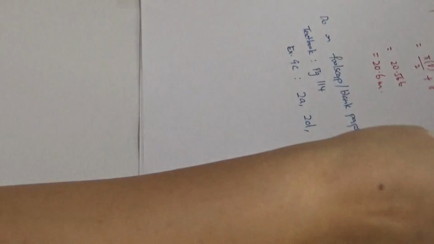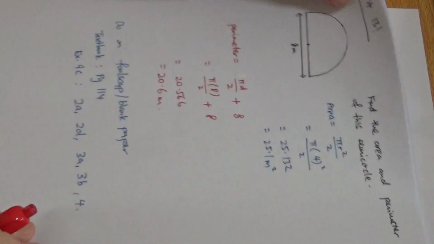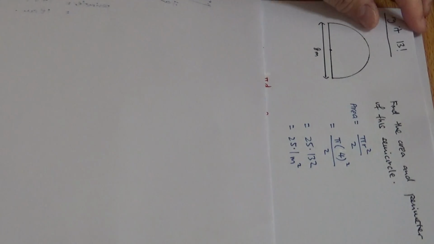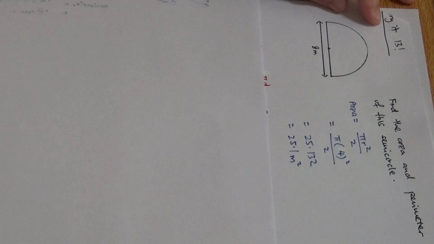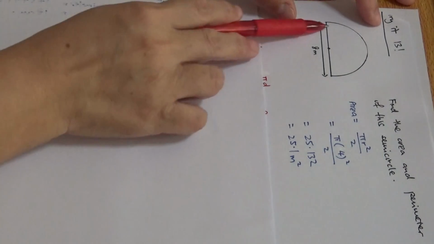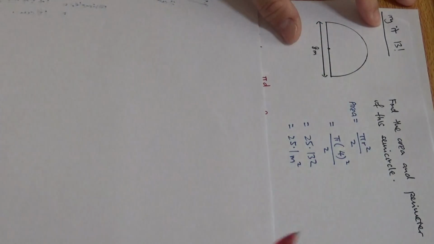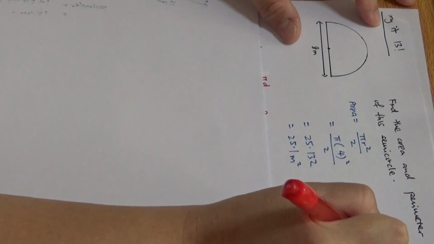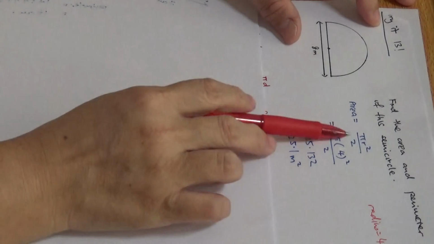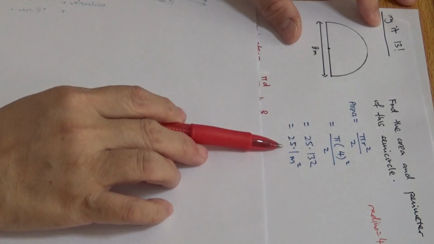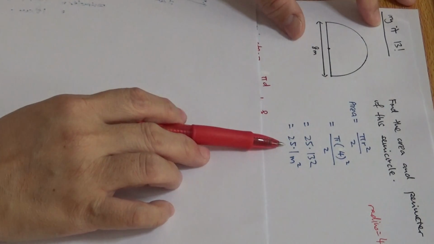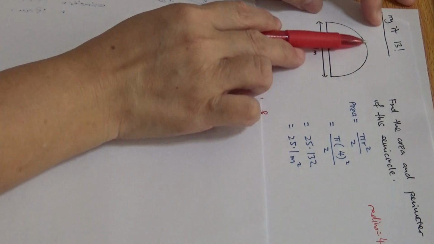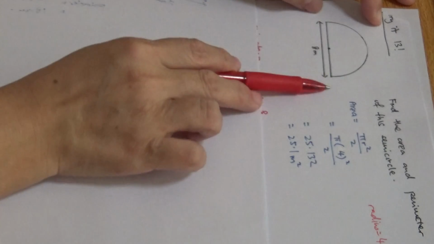Now let's move on to try it 13. They say find the area and perimeter. Now, we realize that they have given us the diameter instead. If diameter is 8, the radius will be 4 because we divide by 2. So pi r squared divided by 2, I get this answer. Now how about the perimeter? Perimeter is this particular arc length here, plus 8.